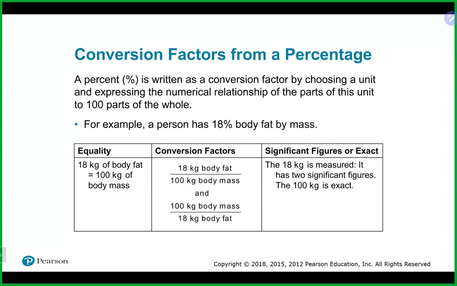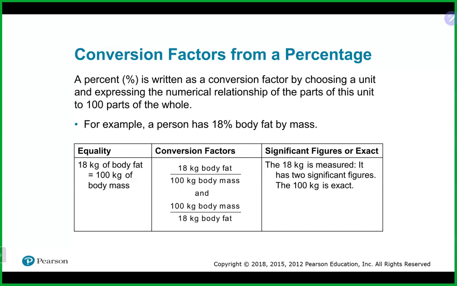Percentages are also something else that we see in problems that we can turn into a usable conversion factor. If you're given a percentage of something and you want to turn it into a usable conversion factor, it's good to assume 100 of something. What that does is it keeps the numbers the same.